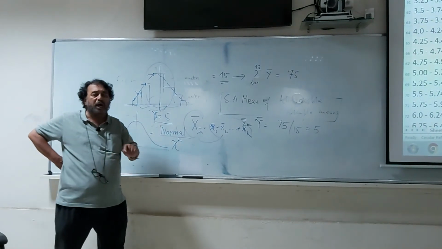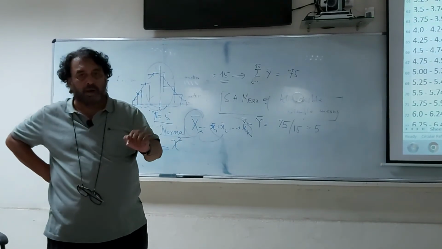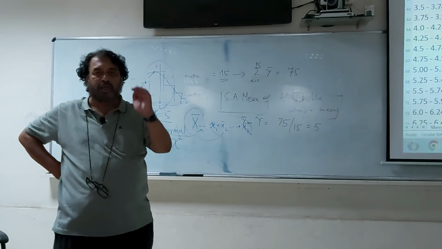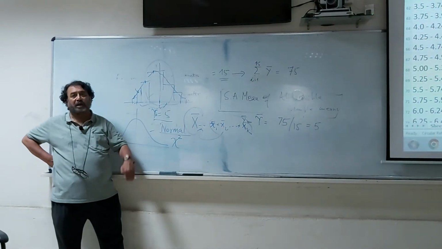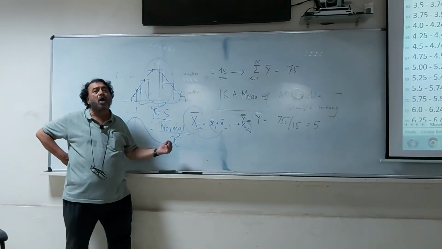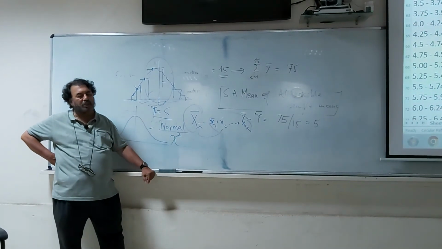So what are we looking at? We are looking at the distribution of a formula. What do we mean by the distribution of a formula? It is the distribution of the values generated by the formula in a repeated sampling procedure, and that's why it is called sampling distribution. It is a distribution of the results that you get in all possible samples.